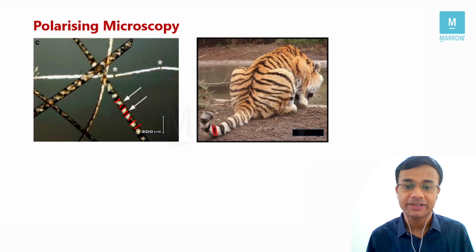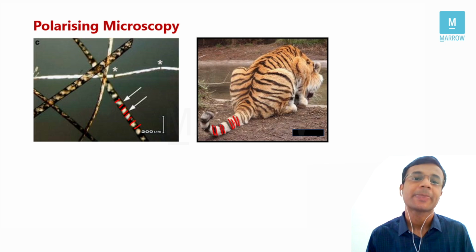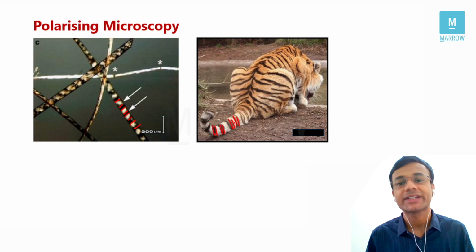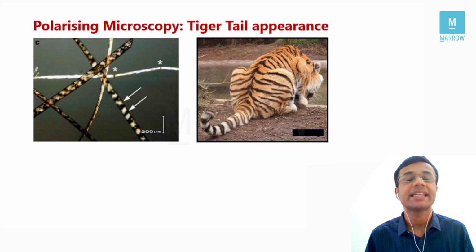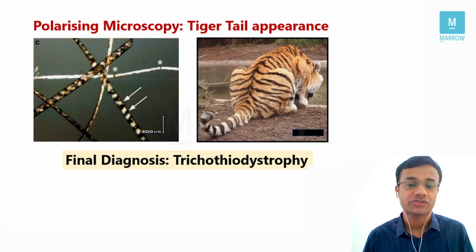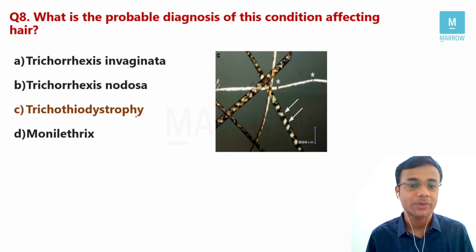So this is compared to the tail of a tiger, and that's why this appearance of the hair is termed tiger tail appearance. And tiger tail appearance, for all practical purposes in hair disorders, is seen in a condition called trichothiodystrophy. So trichothiodystrophy is the correct answer for this question.